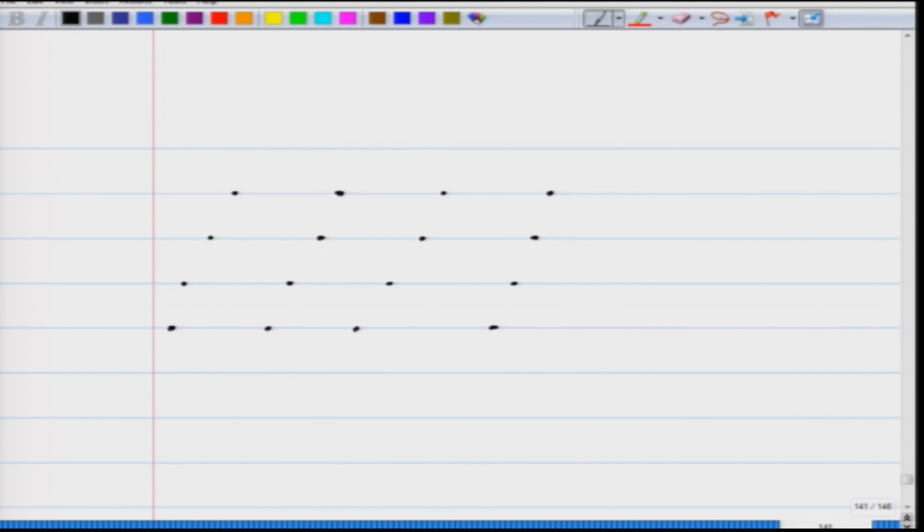So, how does one construct it? One first constructs from any point, you first join all the nearest neighbors by lines, okay, from any point. If you want to construct the primitive cell associated with this point, then you take the midpoint of this line.